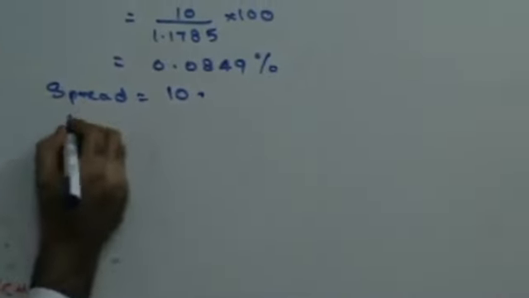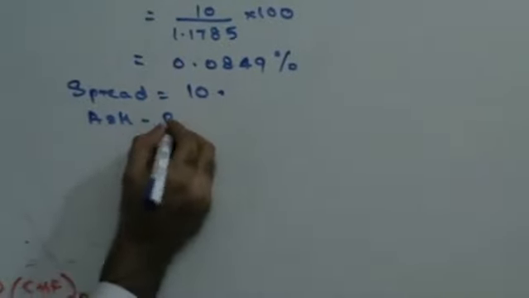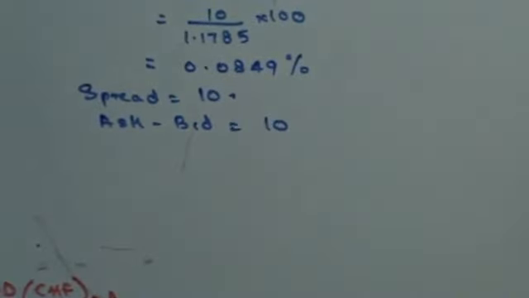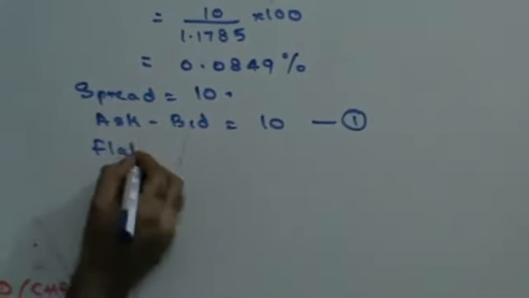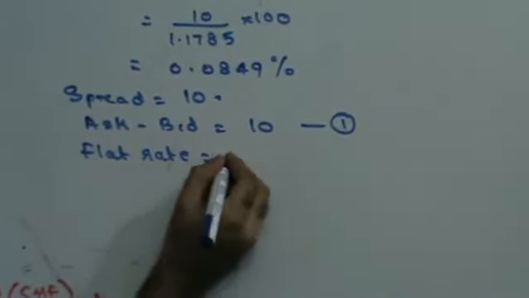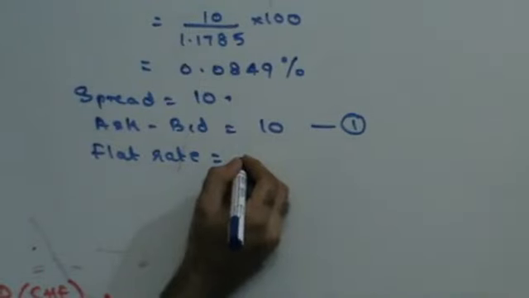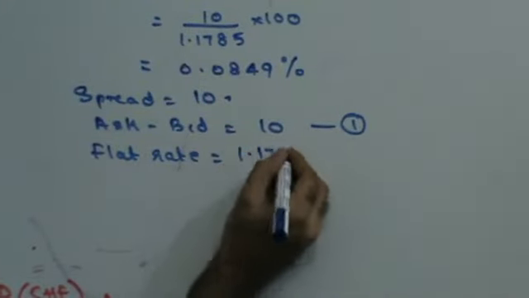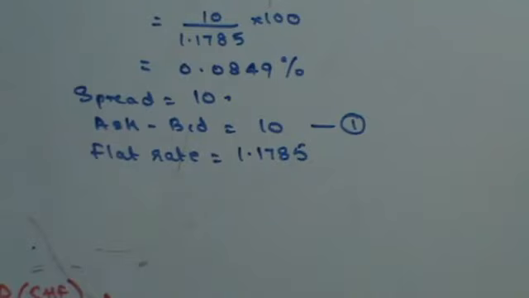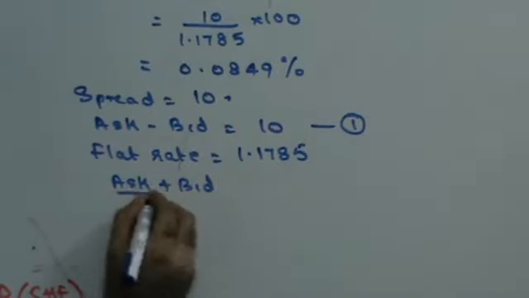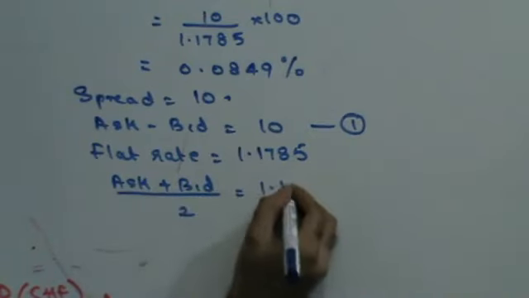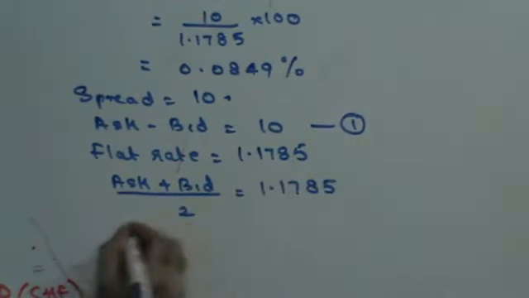Now, they've given me spread is 10 points. Spread is nothing but ask minus bid is 10 points. Call this as equation 1. Next, they've given me flat rate is 1.1785. Flat rate is nothing but ask plus bid divided by 2 is 1.1785.